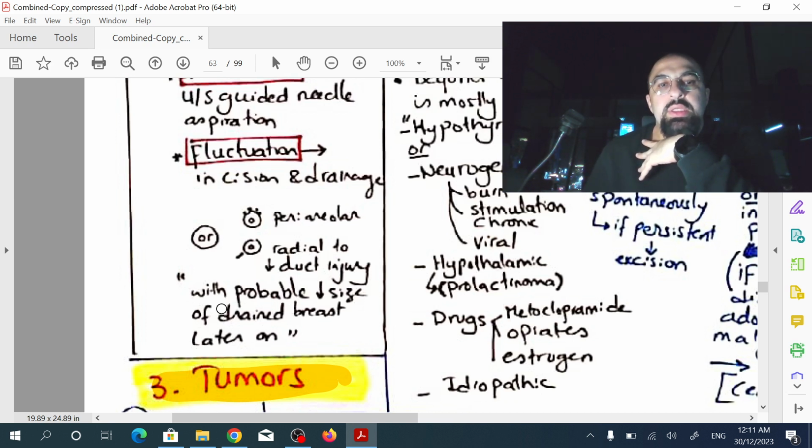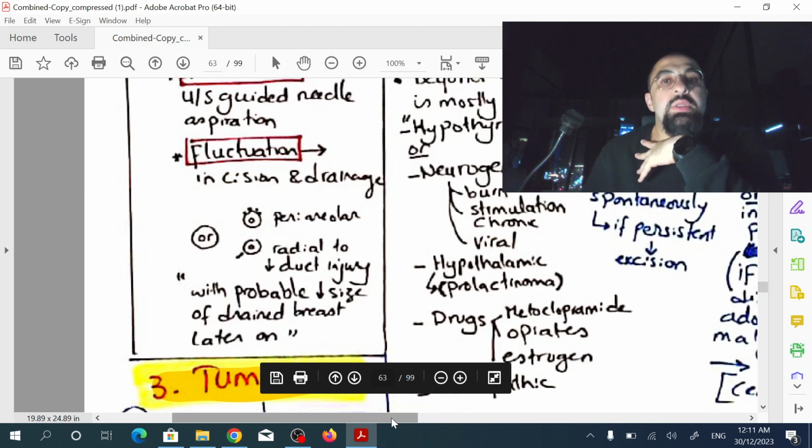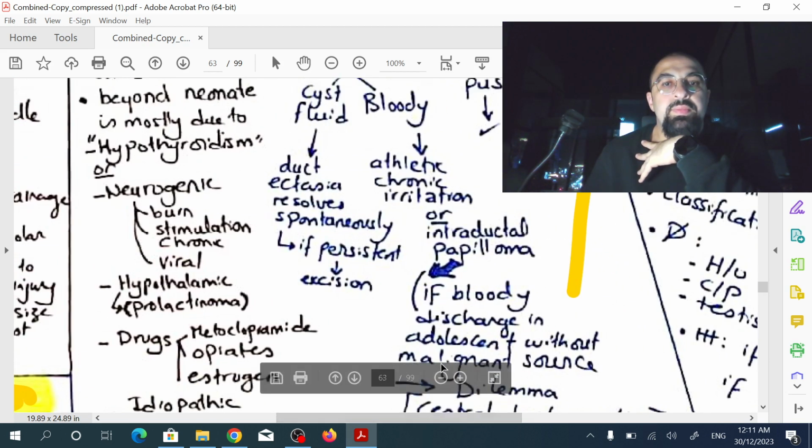Probable decreased size of the drained breast later on has to be consented to the parents, on the long run.